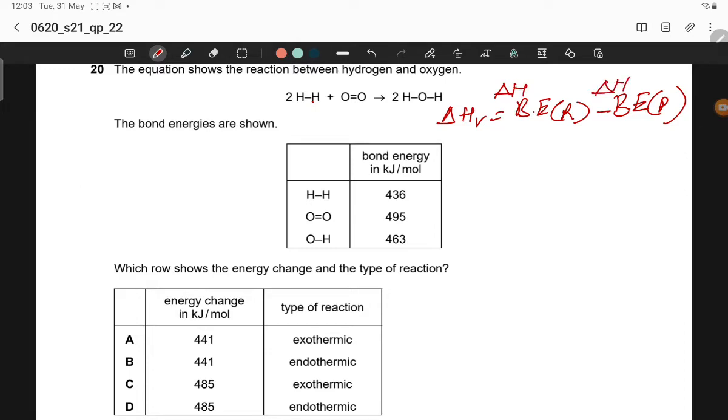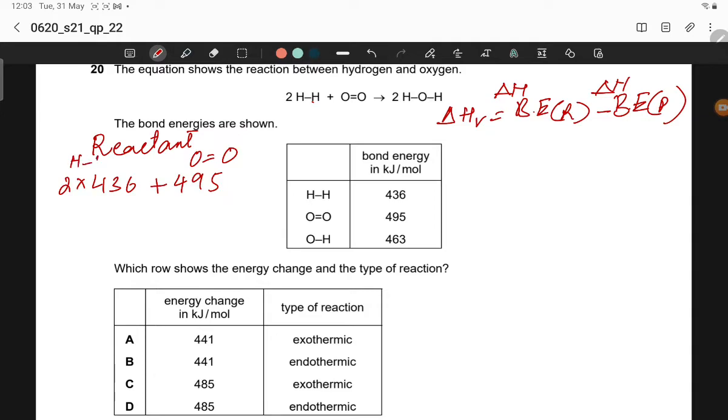So we have 2 into 436, this is reactant, plus 495, which is O=O.